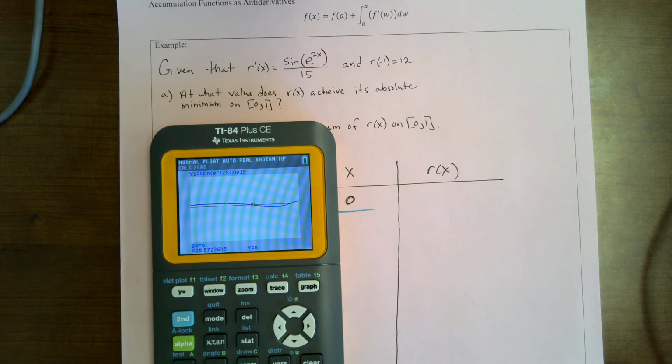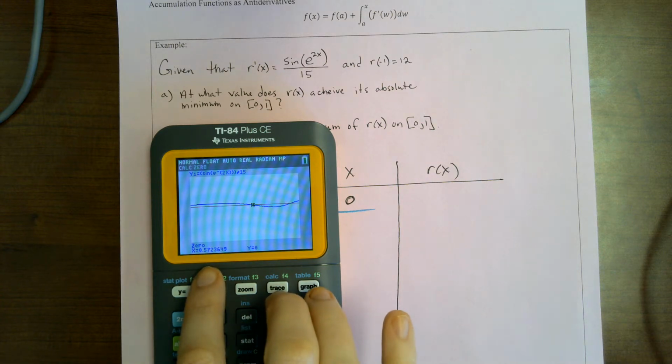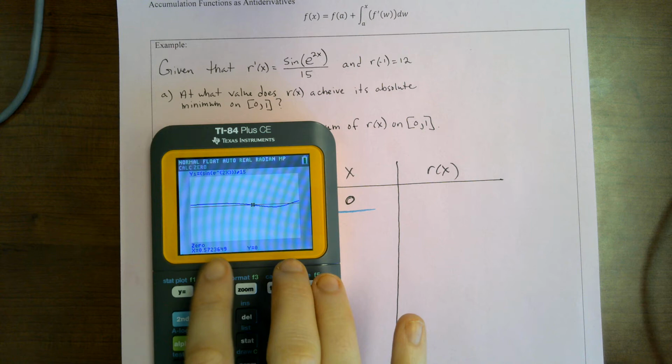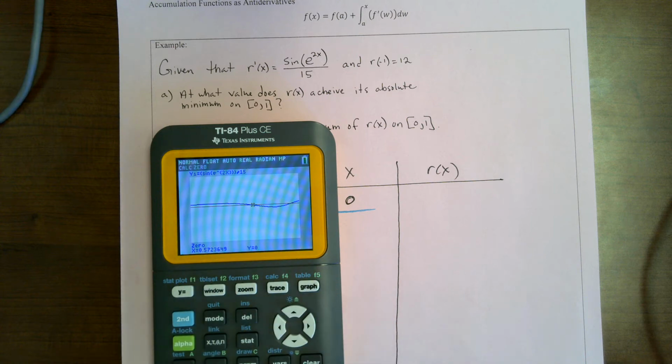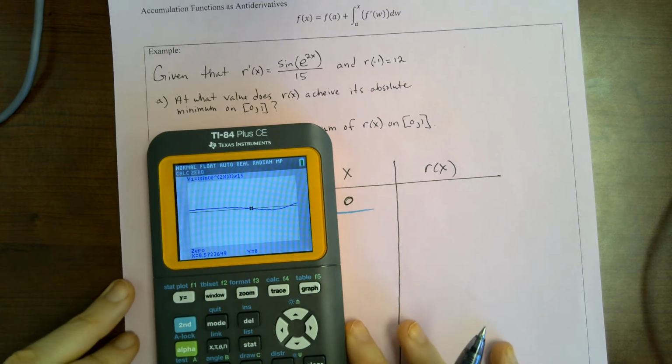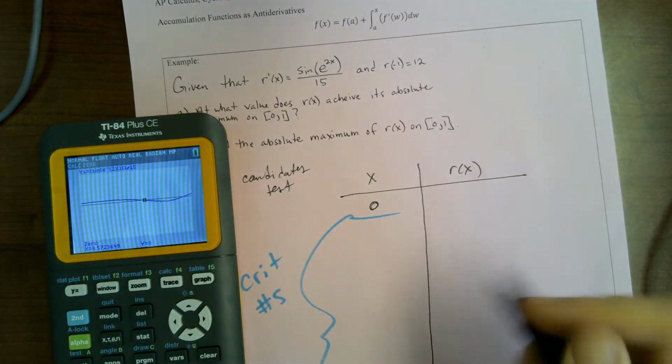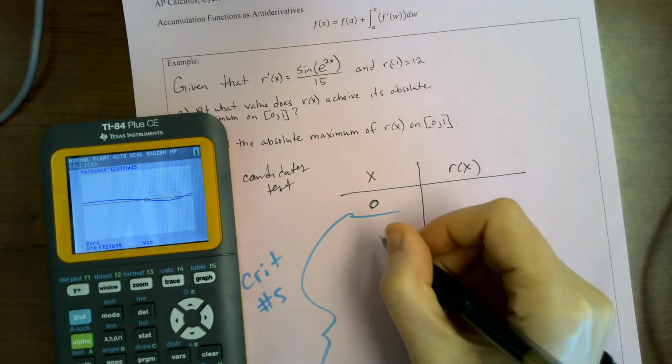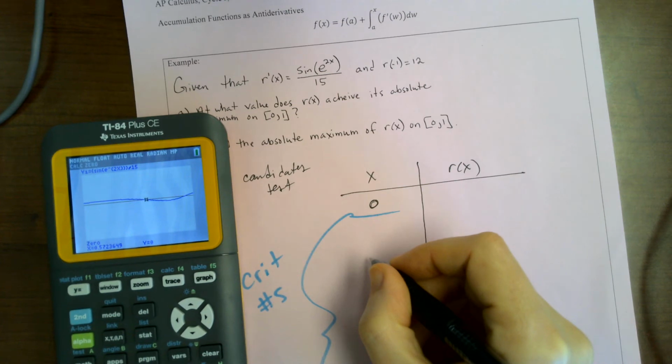Now, guys, I want to store this. I need to store this in my calculator. It's 0.572, right here.